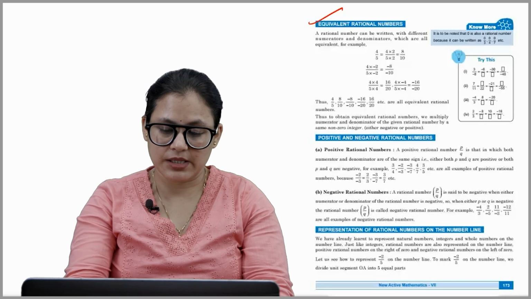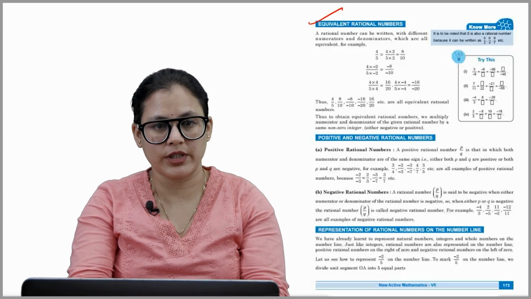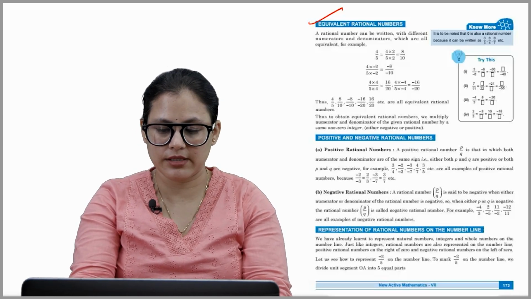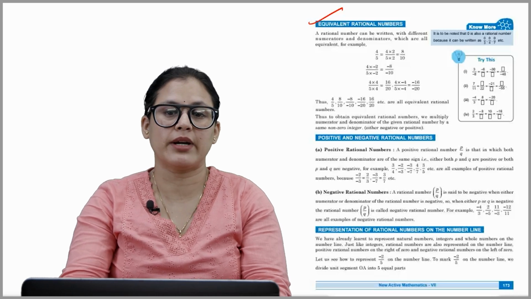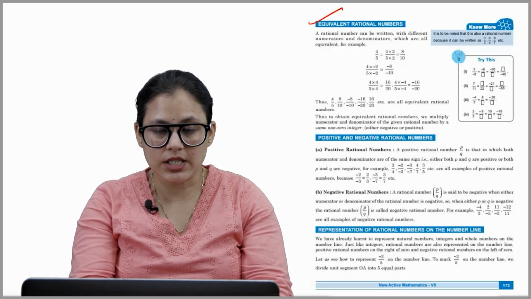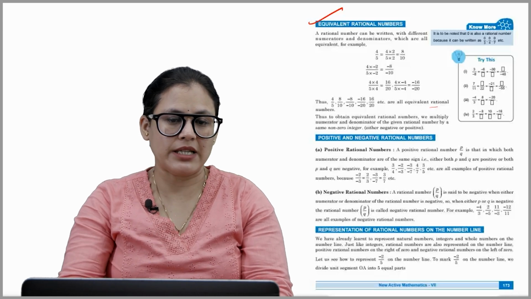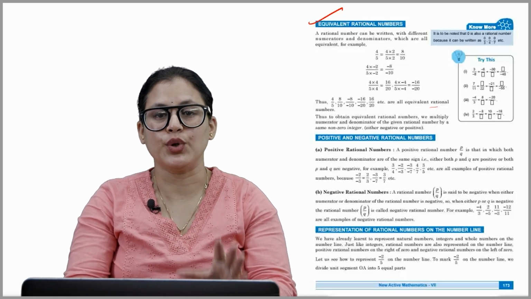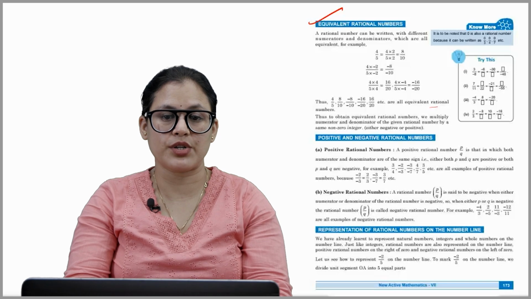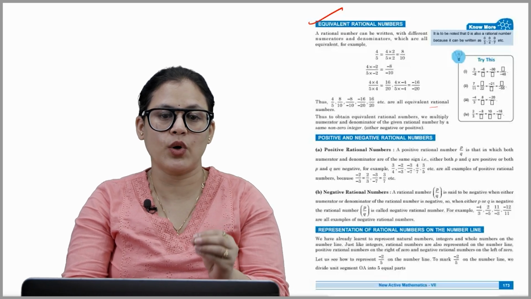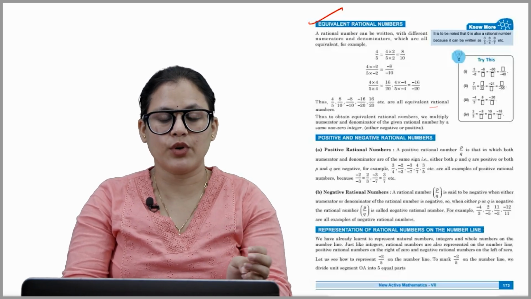When we multiply by 4, we'll get 16 by 20. And if we multiply by minus 4, we'll get minus 16 by minus 20. So, these are all equivalent rational numbers. Thus, to obtain equivalent rational numbers, we multiply the numerator and denominator of the given rational number by the same non-zero integer, either negative or positive.